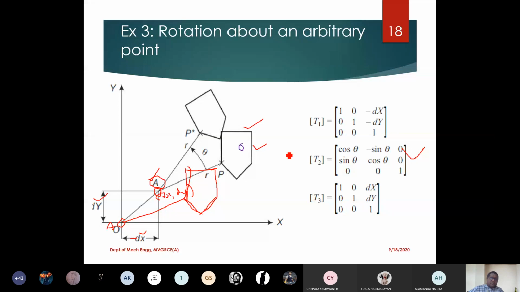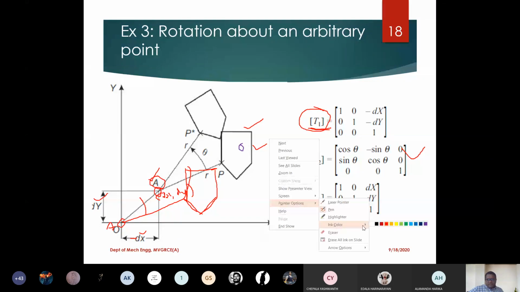This is the first one that I am applying in order to perform this. So this red color one is the position after applying T1. And then now I can rotate it by theta. So once you rotate it by an angle of theta, let me use some other color for the second operation. Okay, this is the second operation.